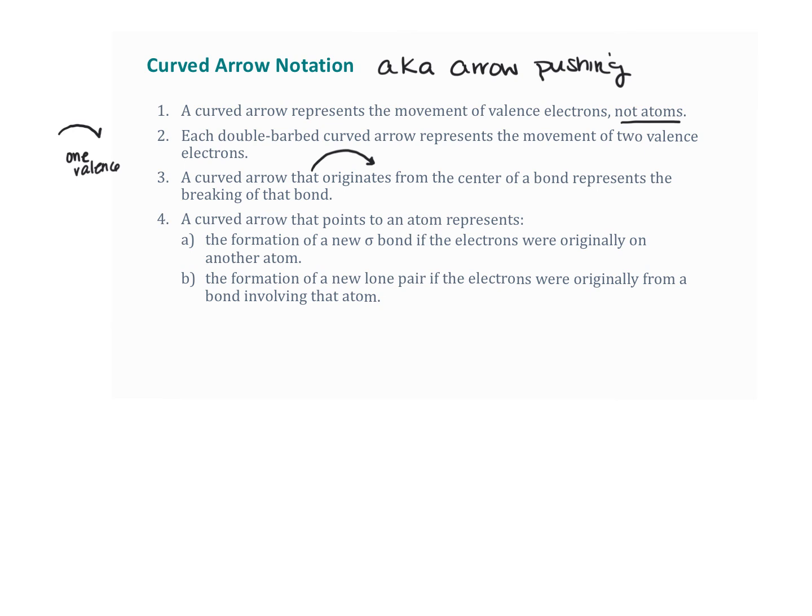So I want us to look at an example. We're going to see the mechanism here for the reaction we just did. We have the hydroxide ion, and it is going to react with hydrochloric acid.